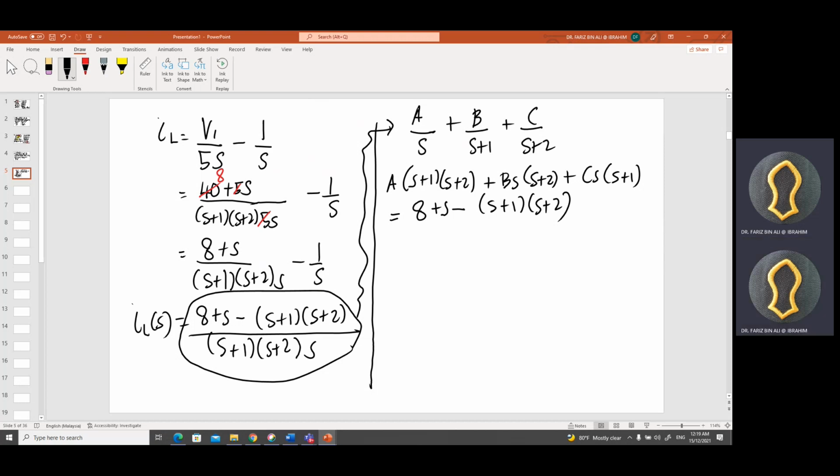That's it. This is the equation. I think that's correct. So choose whatever value of S in order to know what is A, B, and C. Number 1, I can choose S equal to 0. So if my S is 0, then here we have 2A, plus, this is gone because S is 0, C is gone.